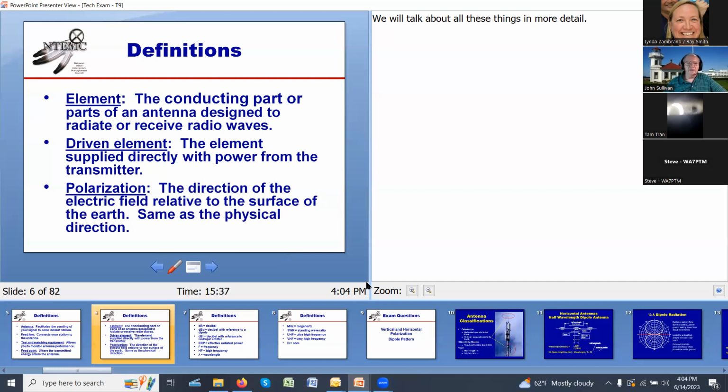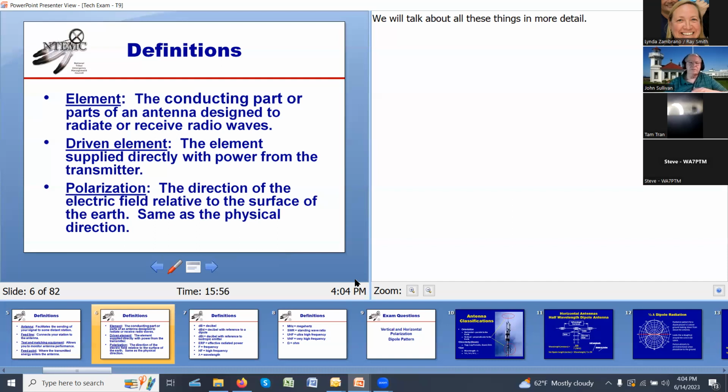There are a couple of kinds of elements. A driven element is the element that's supplied directly with power from the transmitter. That's where your feed point would be, and your driven element, that's where the power enters the antenna. Polarization is the direction of the electric field.